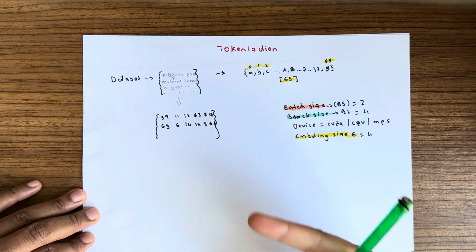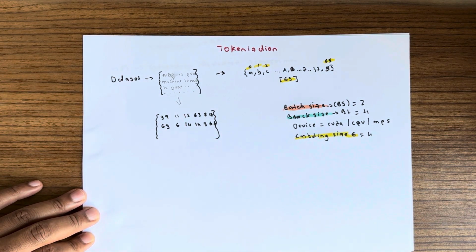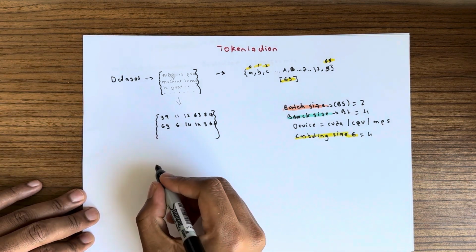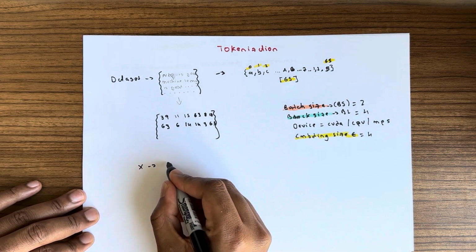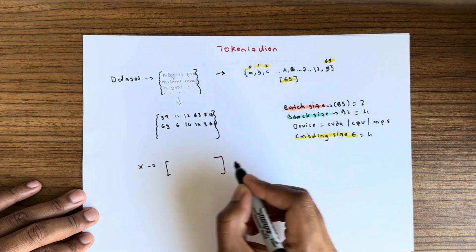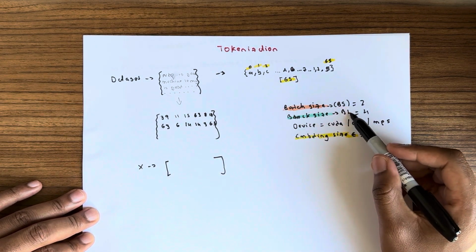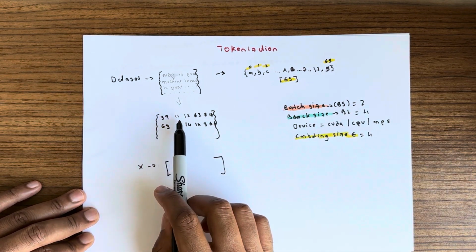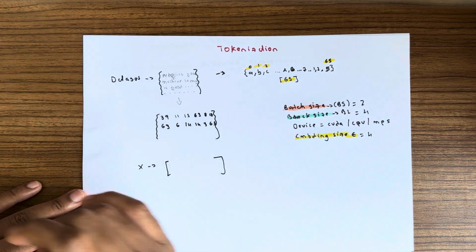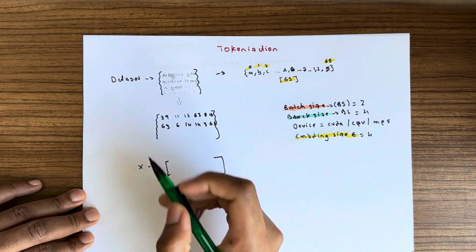Now we have converted the data set to a numerical form. Let's see how we get X and Y. The X will depend on batch size and block size. We can look at the data randomly and look at a window of 4.